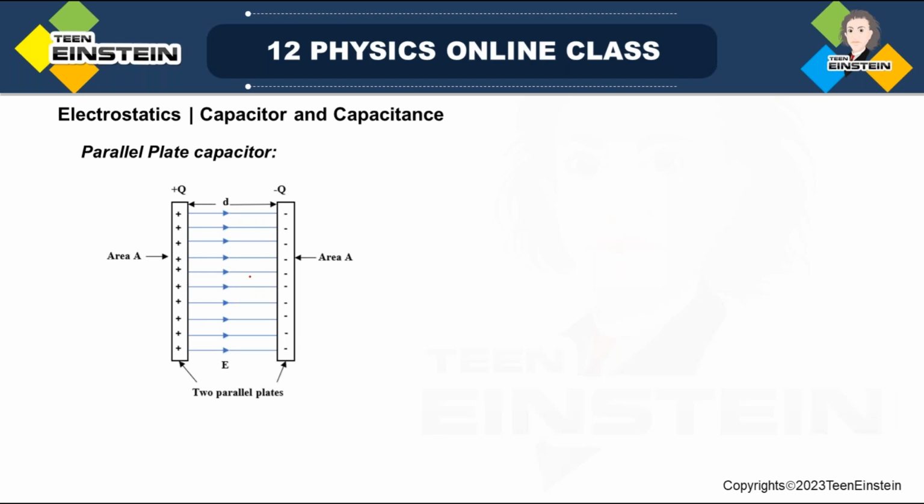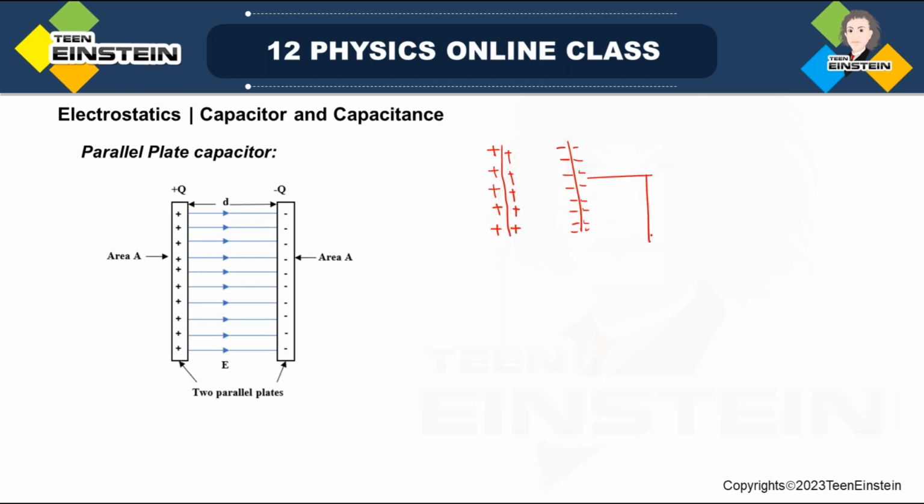See, if you have two parallel conducting plates, and somehow you put some positive charges over here, obviously since this is a conductor, this will induce an equal negative charge at the same space.